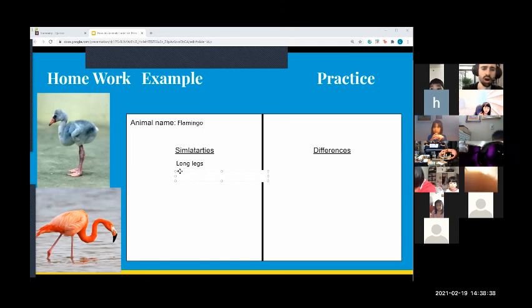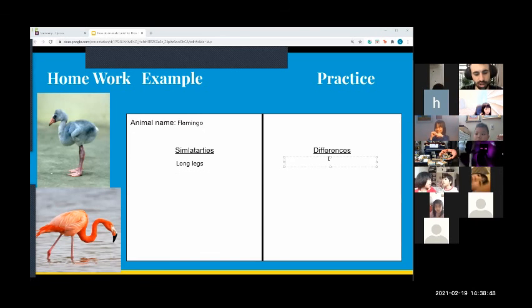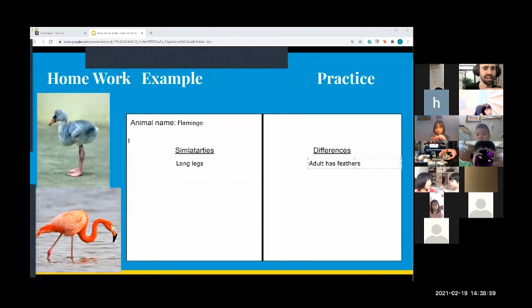No. So we're not going to write that as the same, okay? But we can put that over its differences. We could say the adult has feathers. Good job finding a difference, but that is something that is not the same, okay?